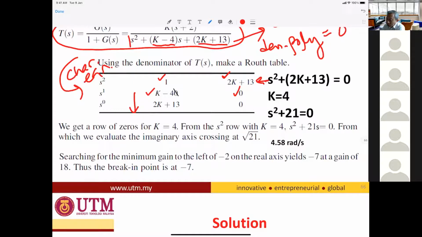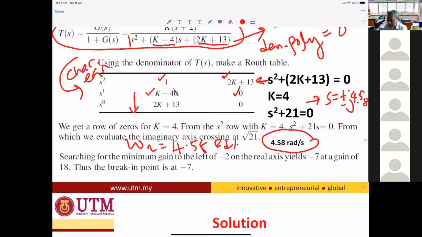So s squared plus 21, and you get s equal to plus or minus j square root of 21, which is j 4.58. So omega n will be 4.58 radian per second, and the gain K critical is equal to 4, where the root locus crosses the imaginary axis.